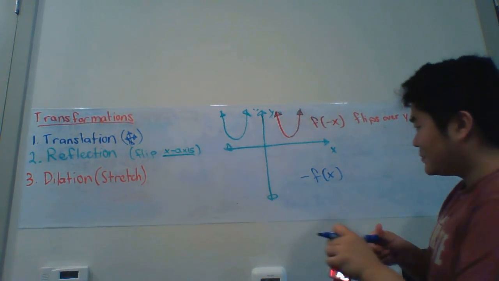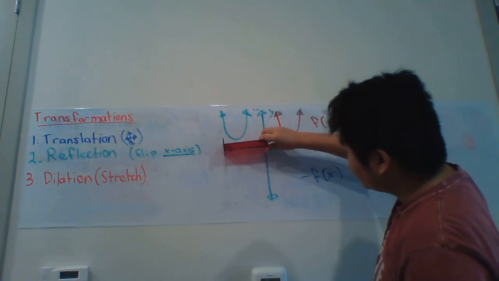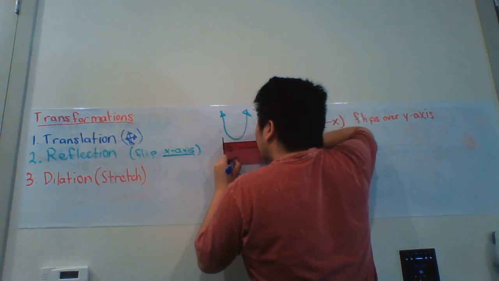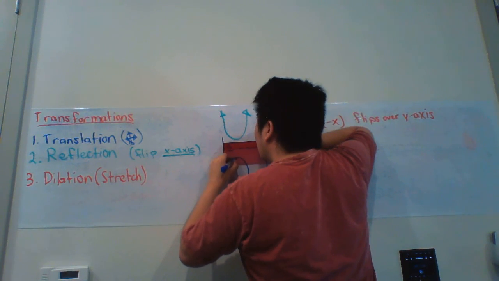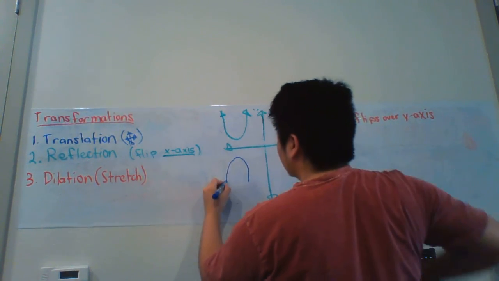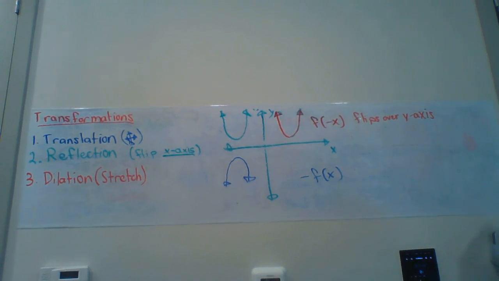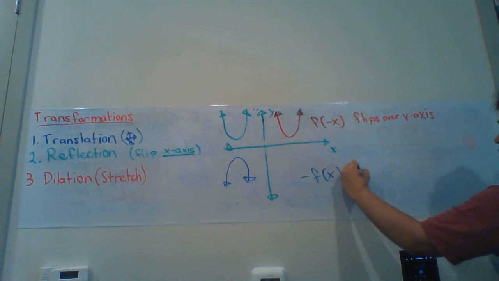All right, so I'm going to go ahead and put this here. I'm actually not this tall, but I can still see a little bit. All right, so that's my reflection over the x-axis.